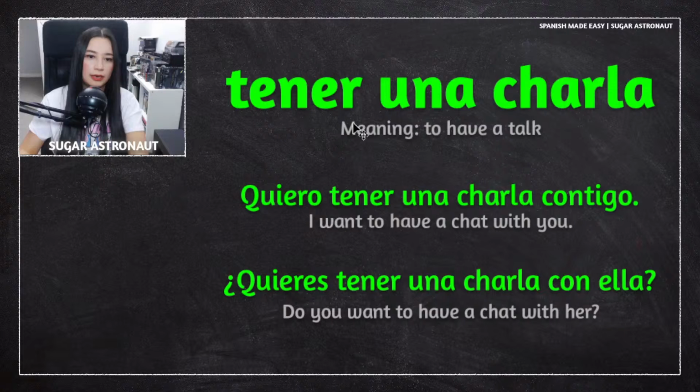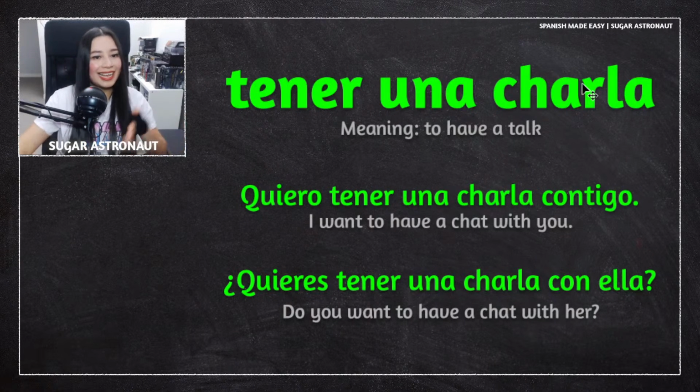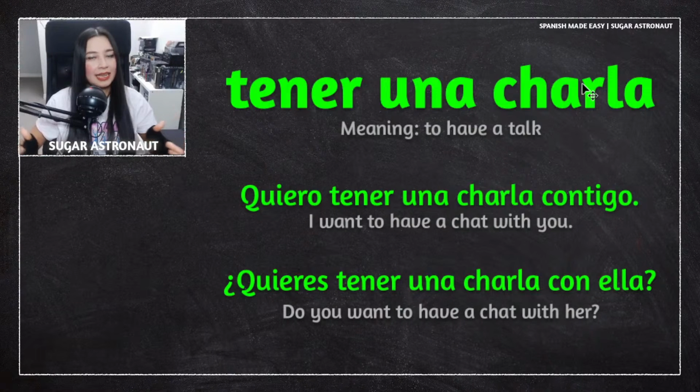You know, it's similar to saying I'm having a talk, or I'm having a chat with my father, or I'm chatting with my father. Okay, so charlar and tener una charla, both are very similar.